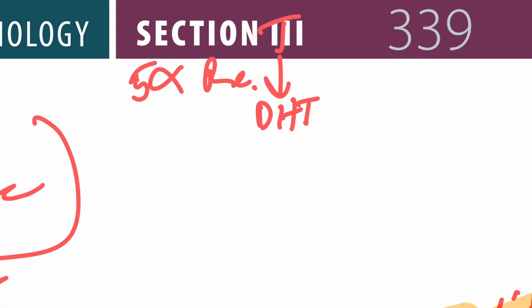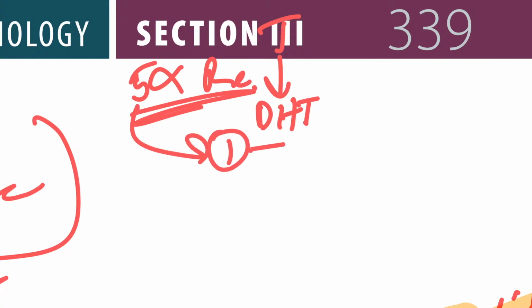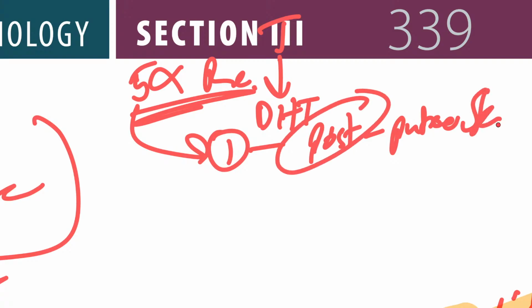Now, there are two types of 5-alpha reductase, importantly. You have type 1 and type 2. Type 1 is present in the post-pubescent skin. So after puberty, in the skin, you have type 1 5-alpha reductase.